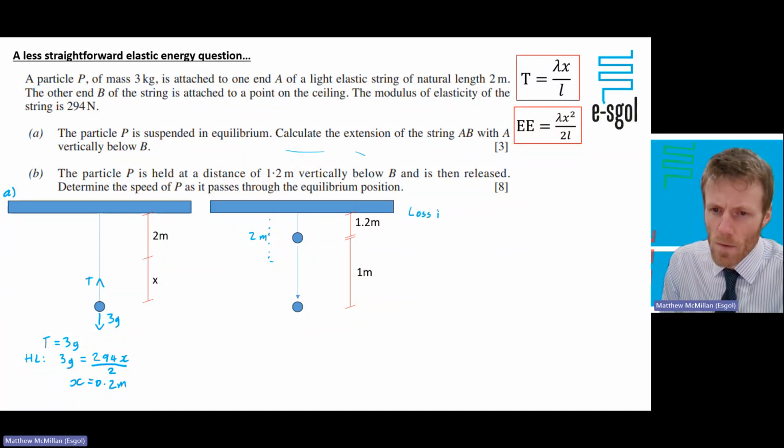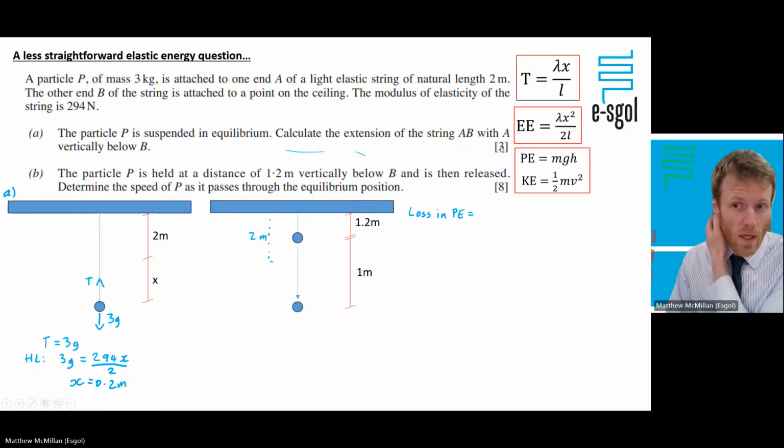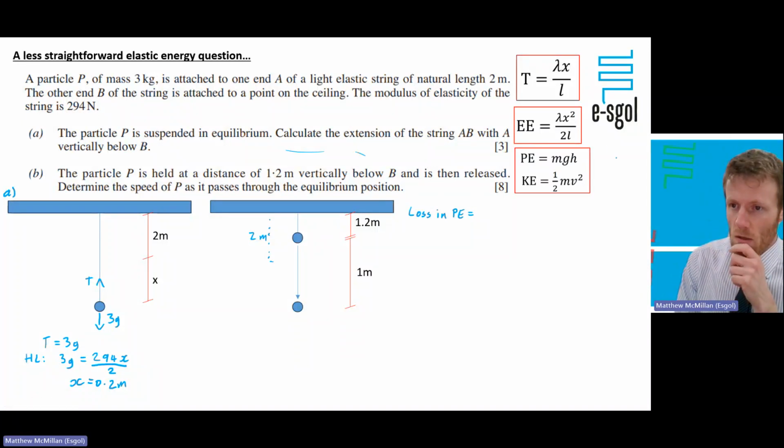The first thing I want to think about is the loss in potential energy. That is your mass times your gravity times your height. I've put the extra formula here for potential energy and kinetic energy. Again, you need to learn those formula. So mass is 3, gravity is 9.8.